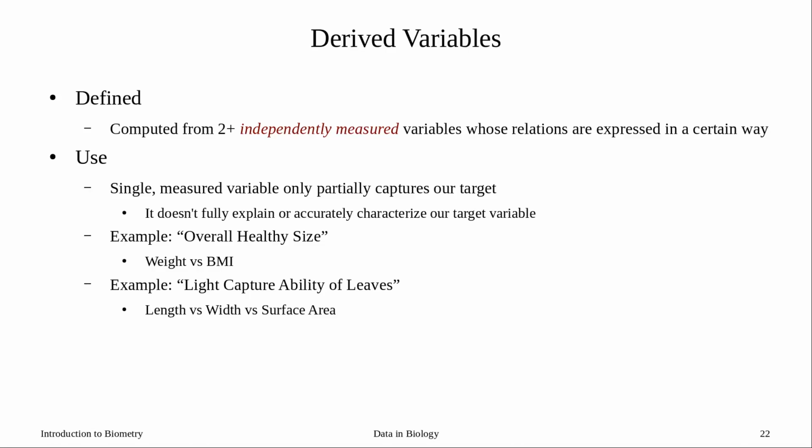So the example that we can give is like overall healthy size. All right, that's what we hear about in the news. Well, we can use weight, and weight captures some of that because heavier people tend to be unhealthy. Lighter people tend to be more healthy, but our problem is that weight and height are correlated. So taller people tend to weigh more, shorter people tend to weigh less.